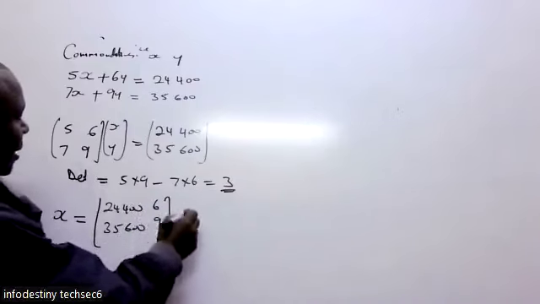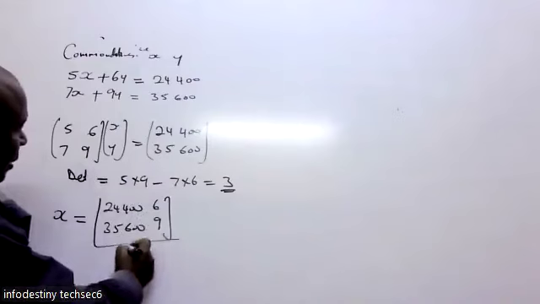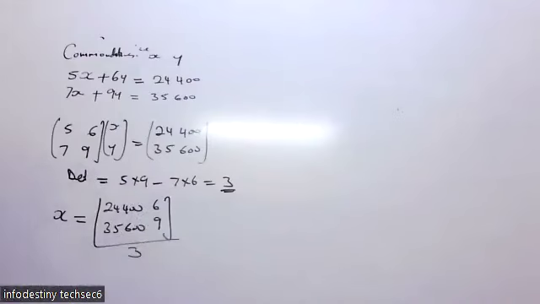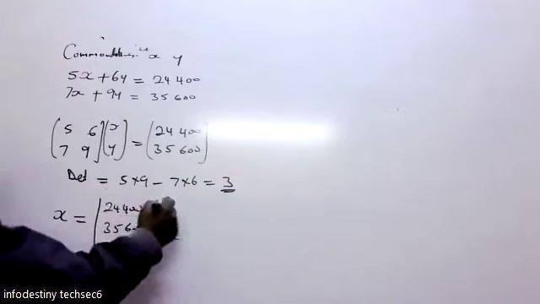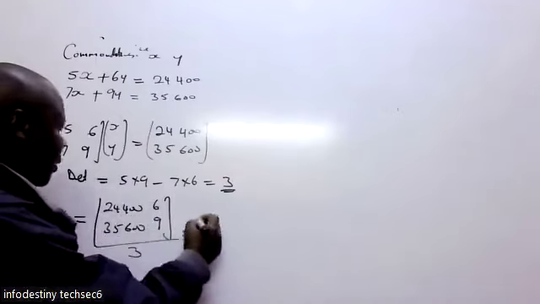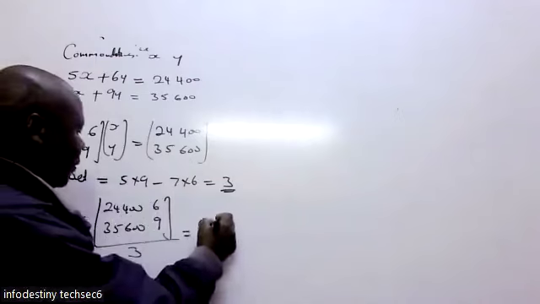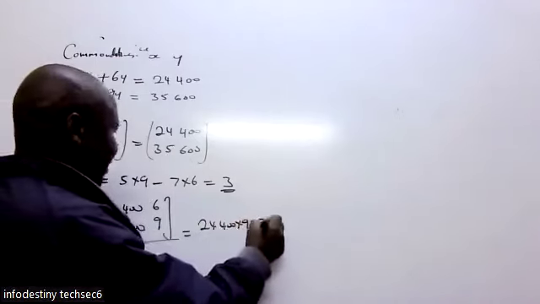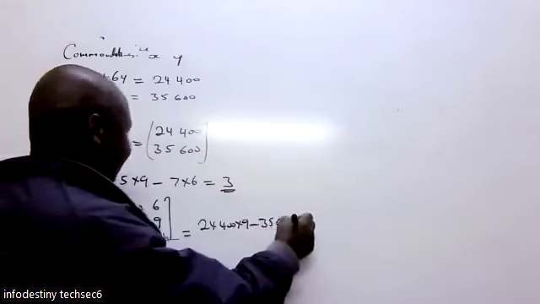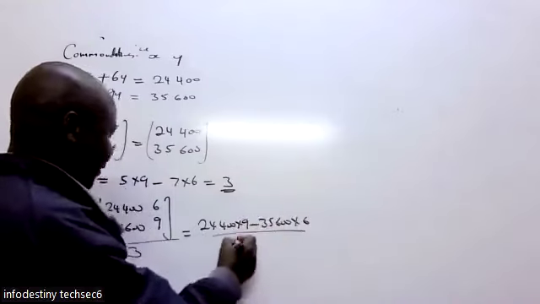Then we divide by 3. Then we take this times this minus this times this. So that's going to be equal to 24,400 times 9 minus 35,600 times 6, divided by 3.